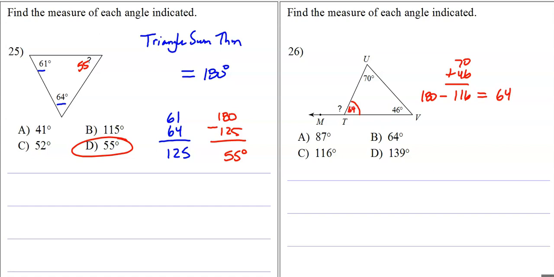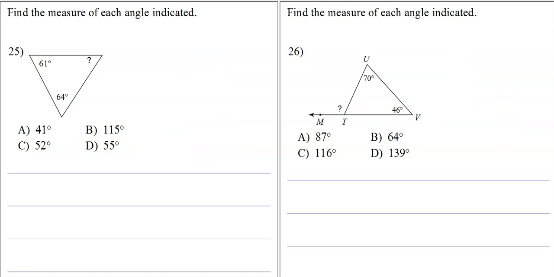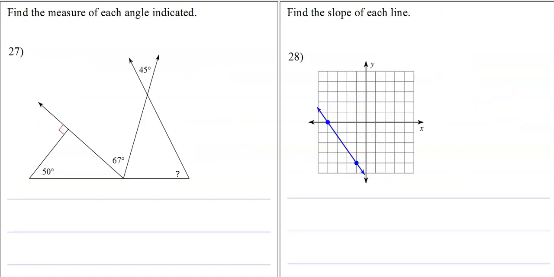And then since these two make a straight line right there, you could do 180 take away 64, and we should get 116. So that's why it's kind of redundant. It's easier to use the exterior angle theorem because you kind of chase your tail around in a circle. But either way, as long as you get it right, you're good to go.